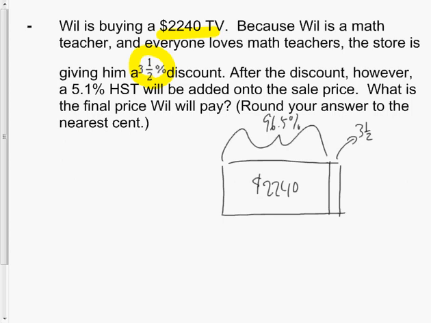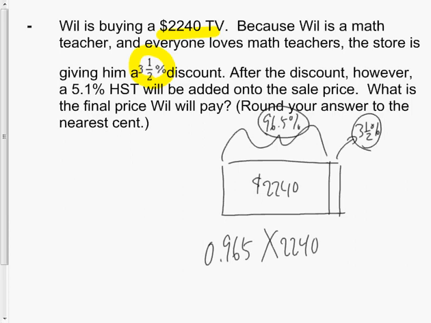So there's two ways you could figure it out. Figure out the 3.5% and subtract it from 2240. Or a better method is to calculate 96.5%, which is what you have to pay for. So 96.5% of the 2240.